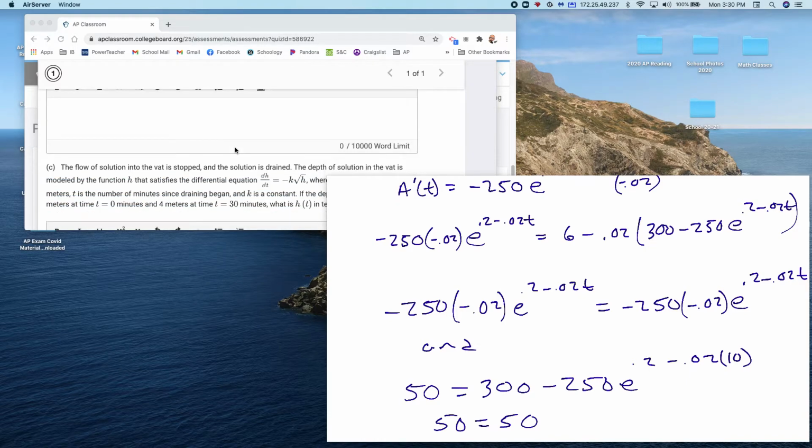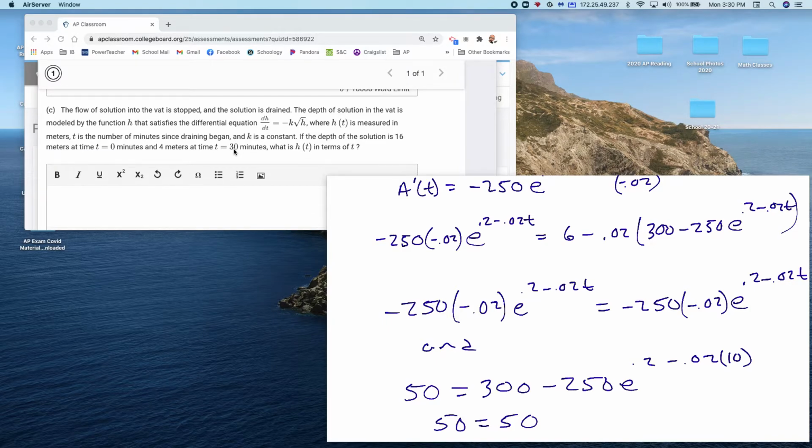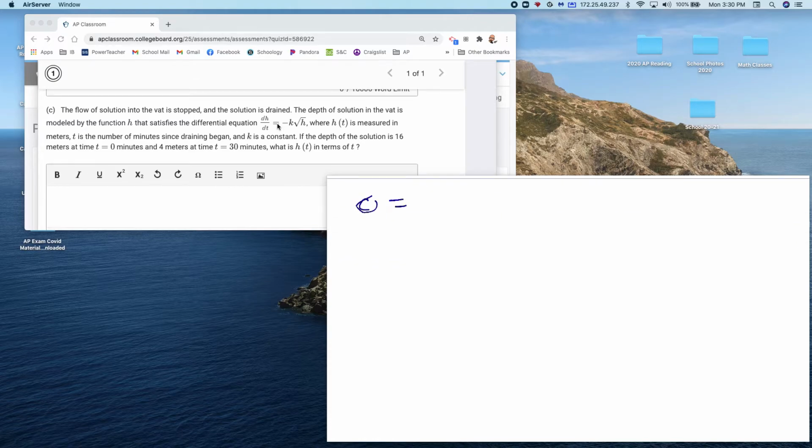That's not true in part C, and what I mean by that is look at this one. It says you got this differential equation. In part C, they say dH dt is equal to negative k times the square root of h.